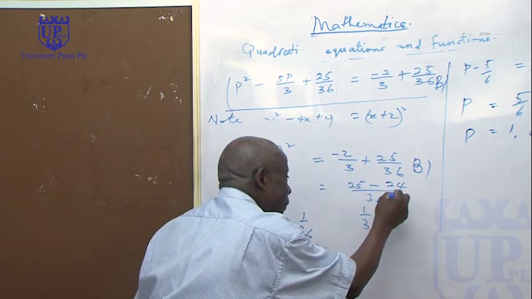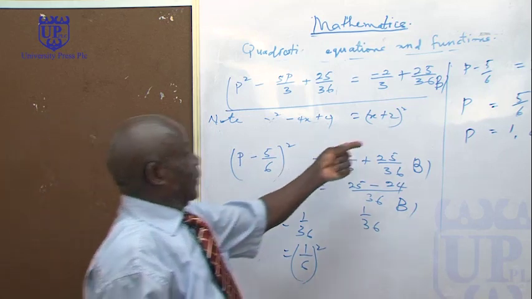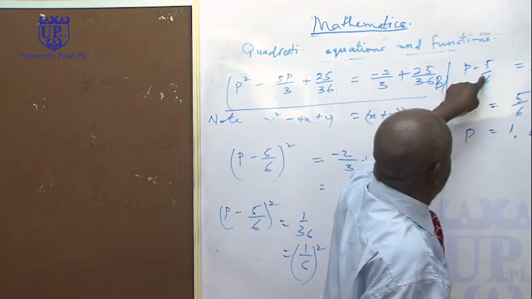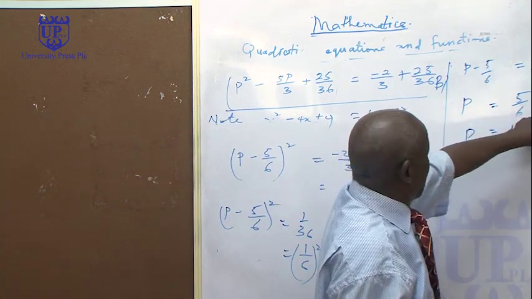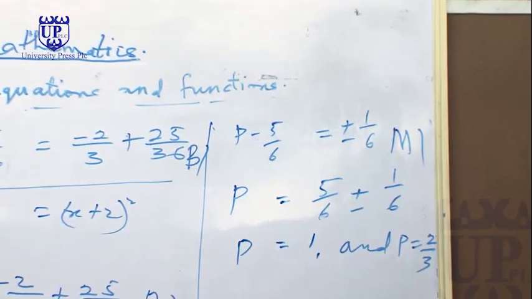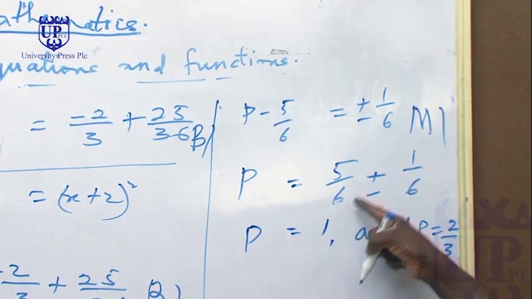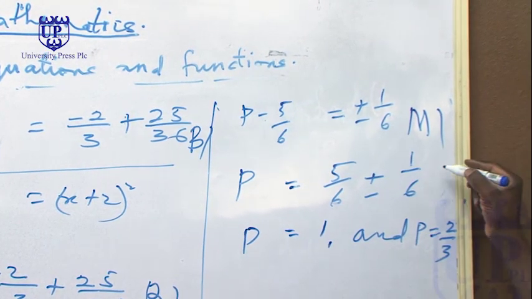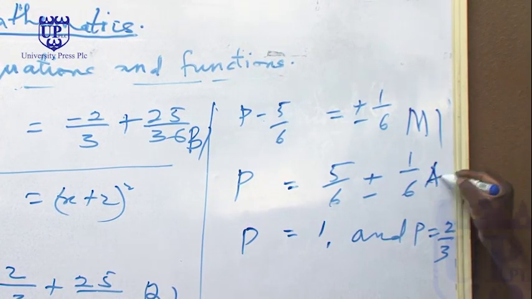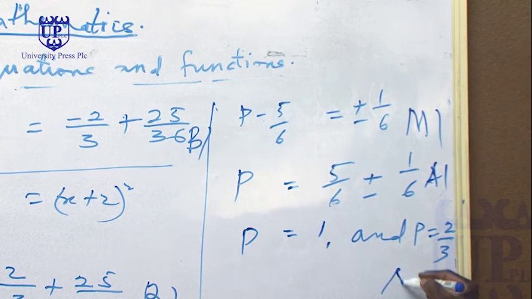Another bonus, that is 3 marks. For equating, for saying this minus this is equal to this one, they say, okay, M1 for isolating P. Then, for saying P is 5 over 6 plus or minus 1 over 6, A1. And for saying P is 1 and P is 2/3, another A1.